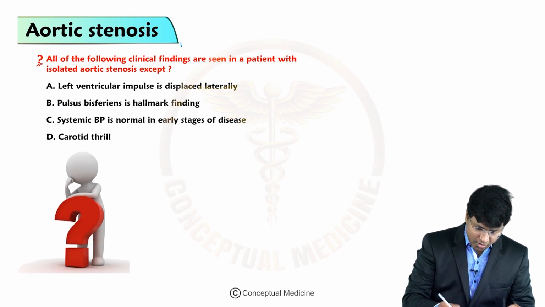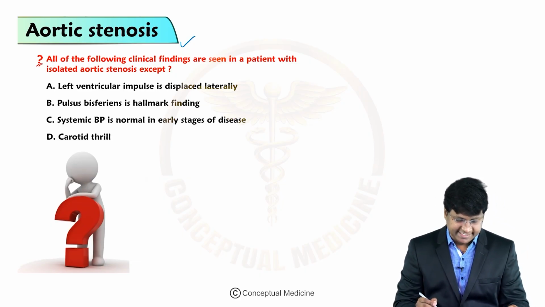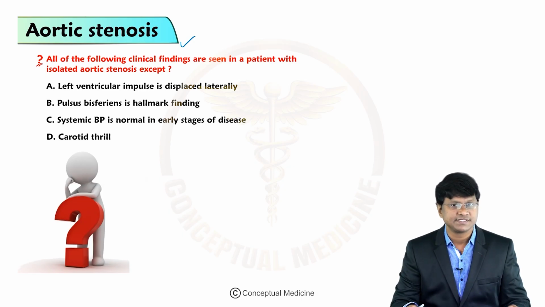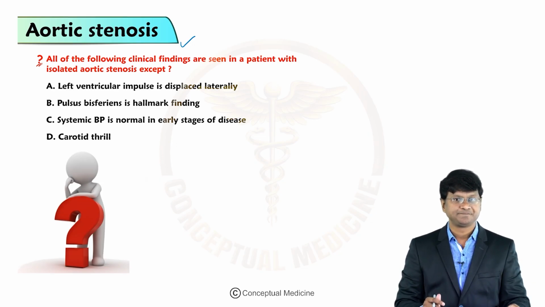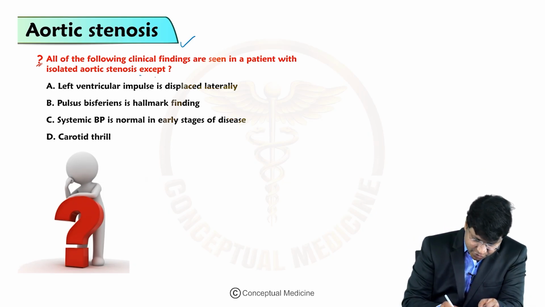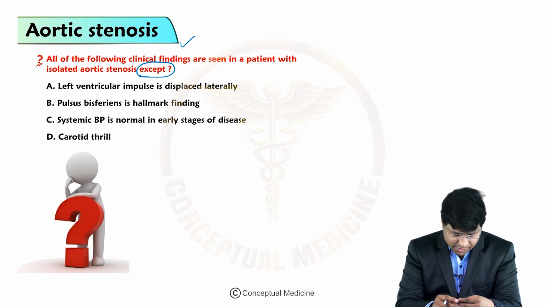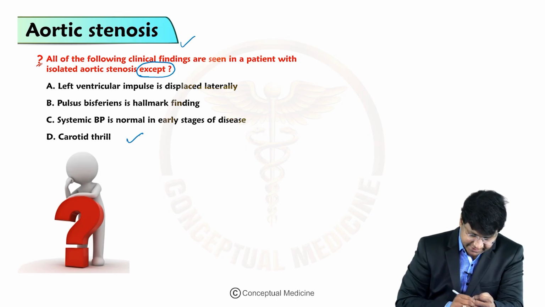Next, all of the following clinical findings are seen in patients with isolated aortic stenosis except: left ventricular impulse is displaced laterally, pulsus bisferiens is the hallmark finding, systolic blood pressure is normal in early stage of the disease, the presence of a carotid thrill. So the question is, except which of the following is not seen. In isolated aortic stenosis, the carotid thrill is present.